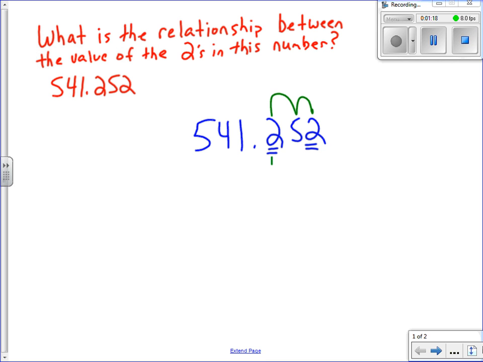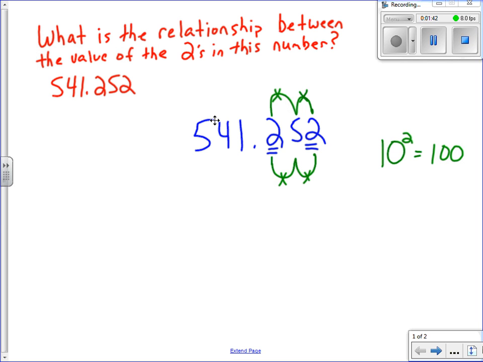I could start with the tenths also. 1, 2. And the number of camel humps will tell me what the exponent is with the power of 10. In this case, since there's two camel humps, that's 10 to the second power, which is 100. And that helps me determine the difference in values of the 2's in this number.